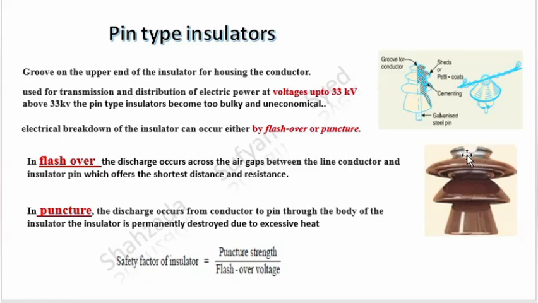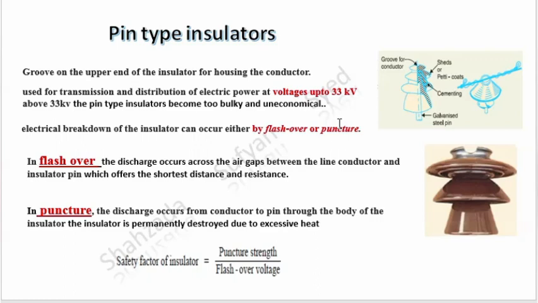In this groove, the conductor is placed. Pin type insulators are mostly used for voltages up to 33 kV, and above 33 kV, the size of pin type insulators becomes too large and too bulky, so they do not remain economical.